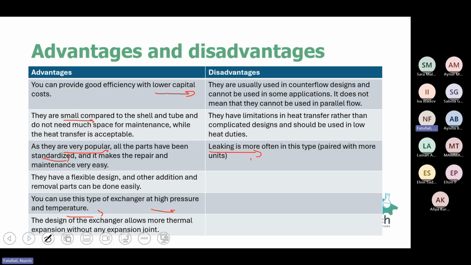The rule in some industries is to use double pipe when you have low duty but where simplicity and pressure matter. For example, if the space is limited, you can use a double pipe heat exchanger if you have high pressure and high temperature but the heat transfer area is limited, and leaking can also happen in a double pipe heat exchanger.